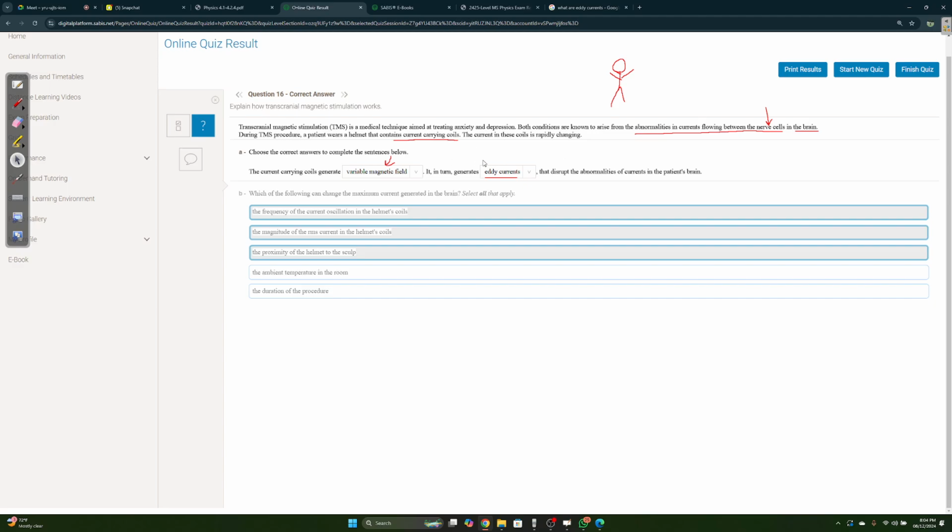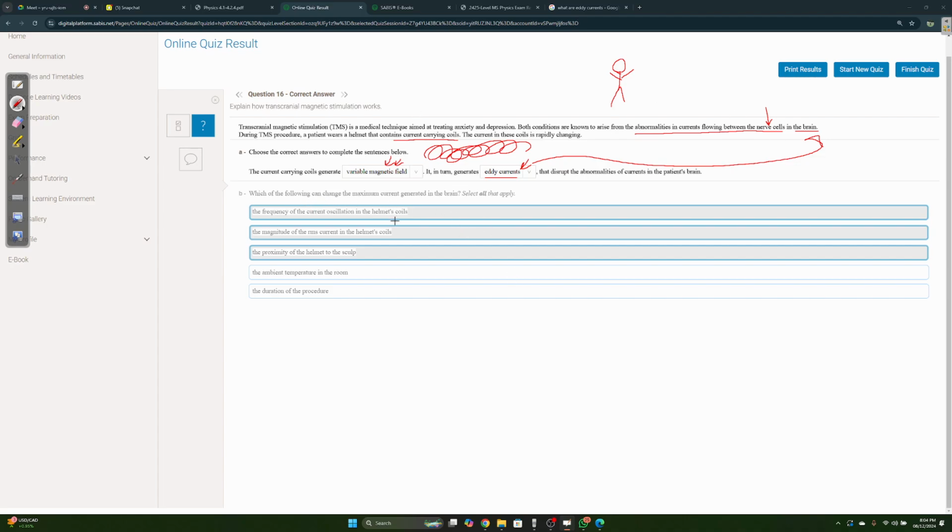So the current-carrying coils have a rapidly changing current, which causes a variable magnetic field, and that variable magnetic field generates eddy currents, and that disrupts the abnormalities of the currents in the patient's brain. This eddy current goes to the brain and starts stimulating the circuits in your brain to go like, yo, work, come on, you don't have depression anymore. Okay, that's just how it works.